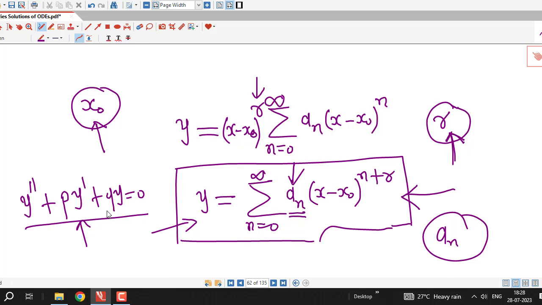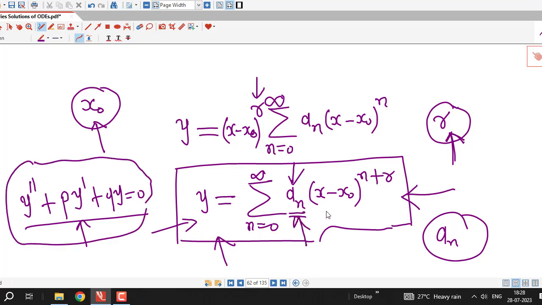So the idea is the same. First we check whether x0 is a regular singular point or not. If x0 is a regular singular point, then we start by assuming the solution in this form, and then we substitute the values of y, y dash and y double dash in the given equation, and we try to determine these constants a n.